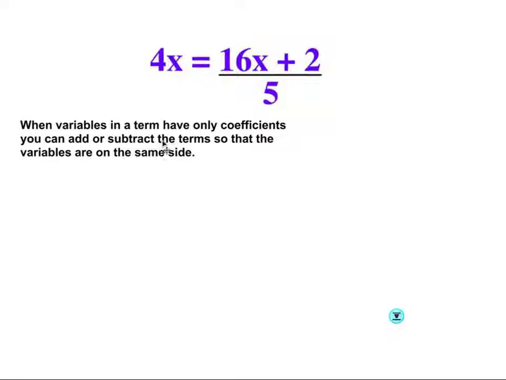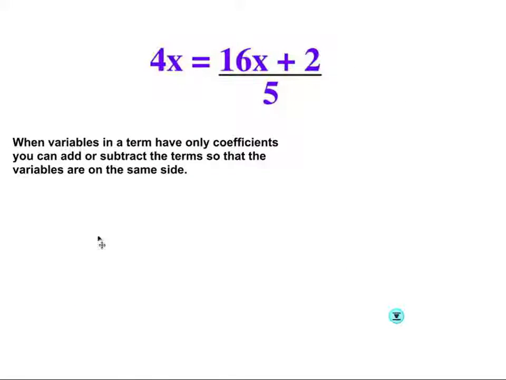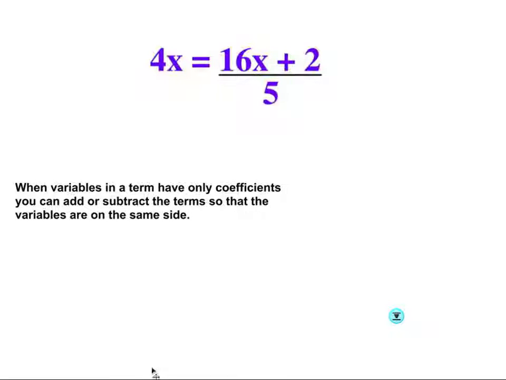So here's our rule again. Now, again, let's point out the different terms here. Here is one term, and notice that this term has a variable with only a coefficient. So I can go ahead and add or subtract this to the other side if I wanted to.